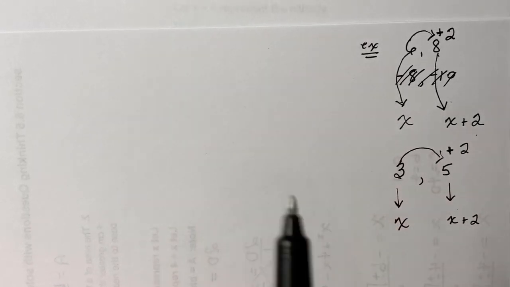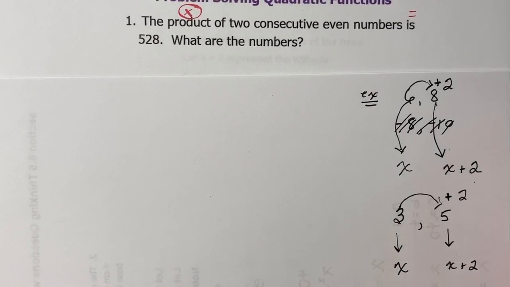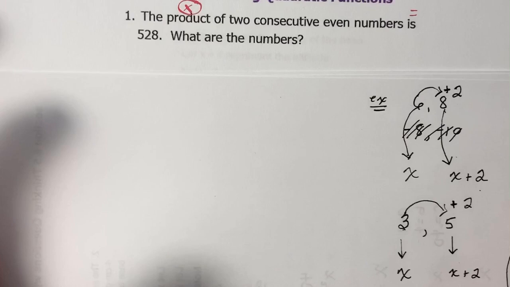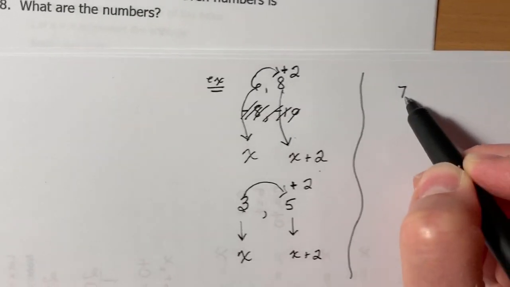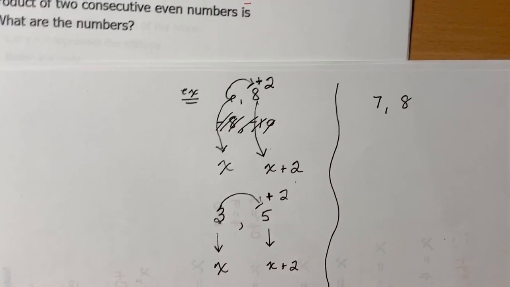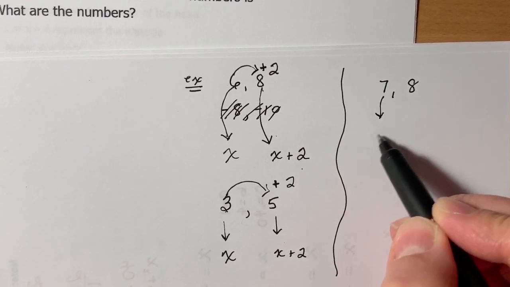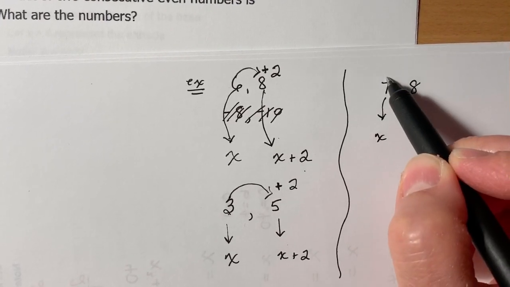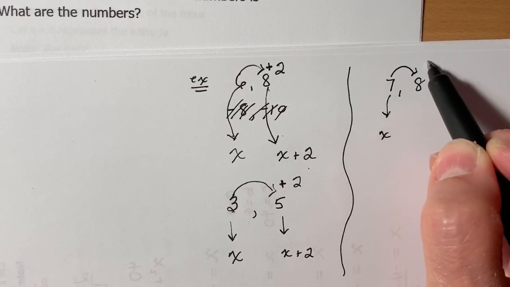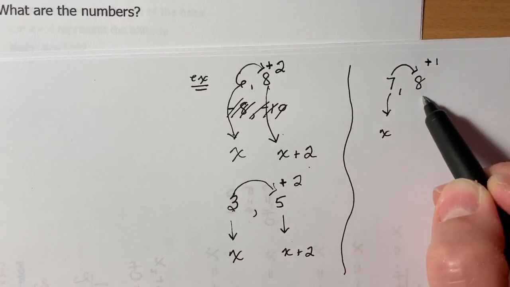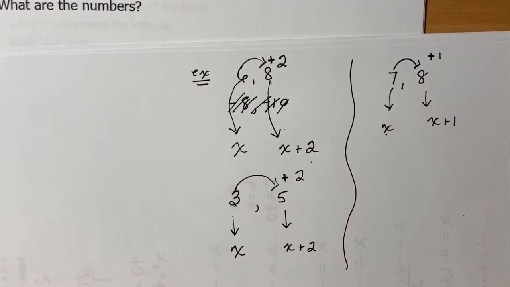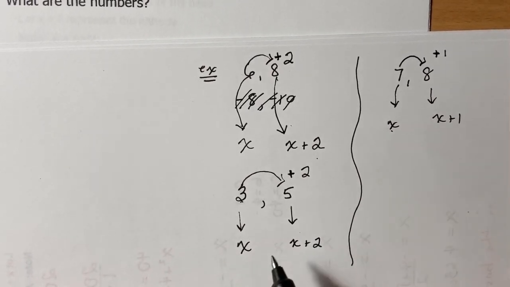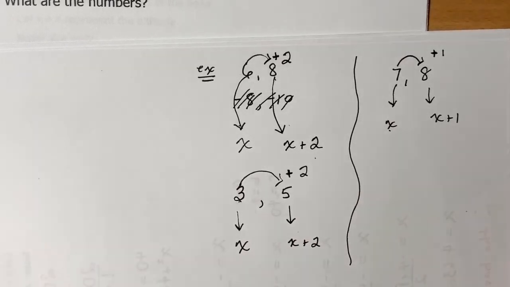I'm thinking ahead to your homework. You're going to have consecutive numbers in homework. So let's think about consecutive numbers. Let's say 7 and 8. You don't know this, call it x. Think about how do you go to the next number? You add 1. So if it's consecutive numbers, x plus 1, consecutive even or consecutive odd, x plus 2.